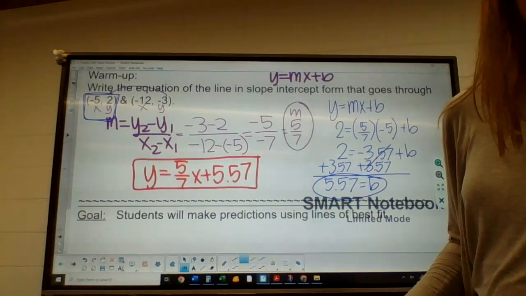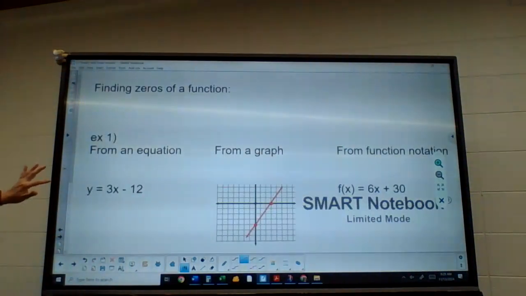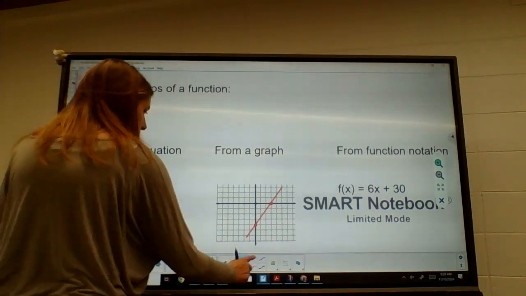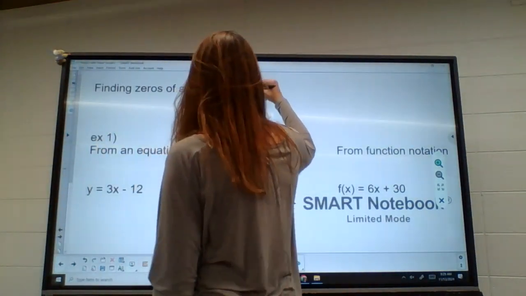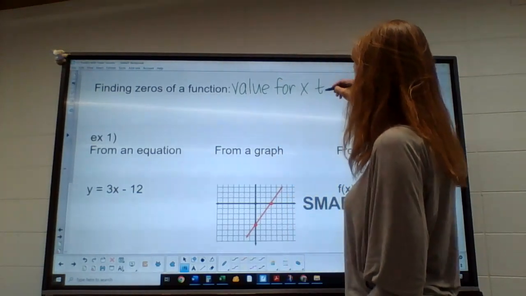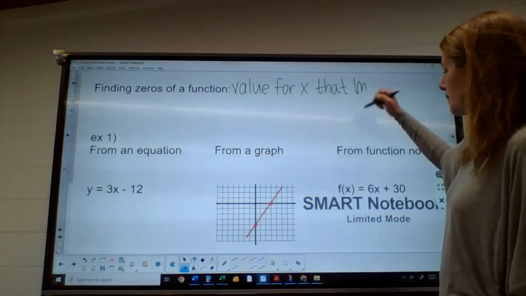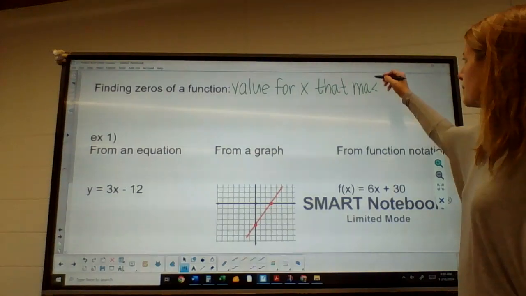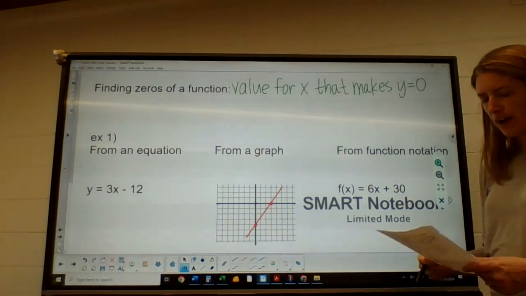So in terms of finding our zeros of a function, what the zeros they're talking about is the value for x that makes y equal 0.